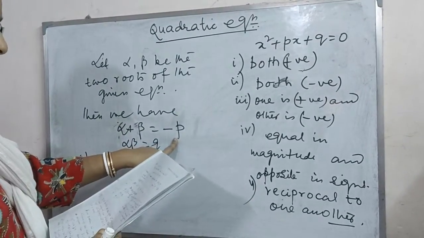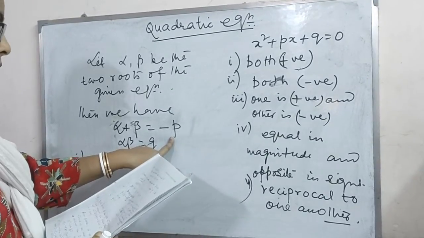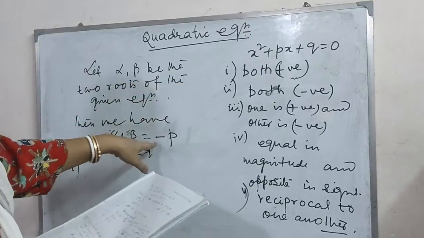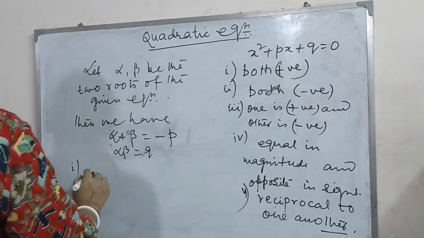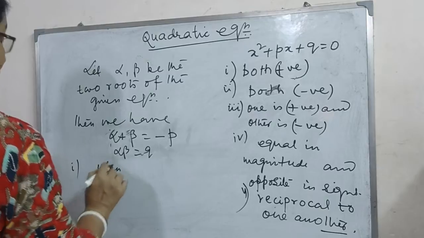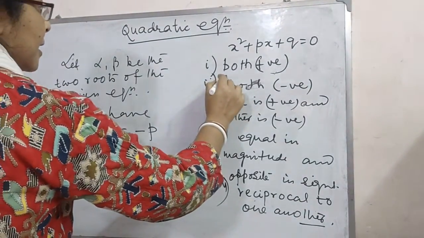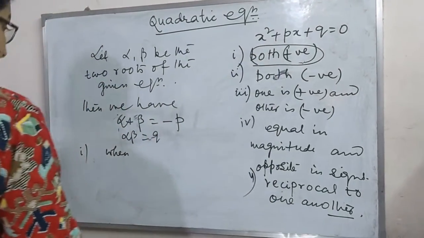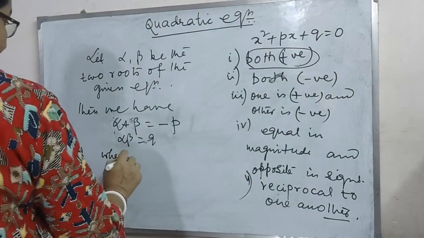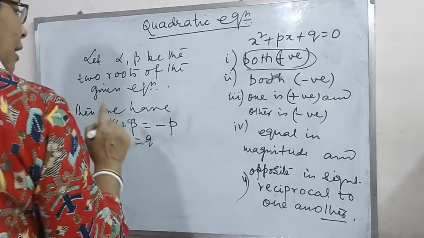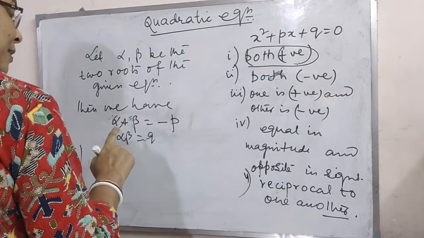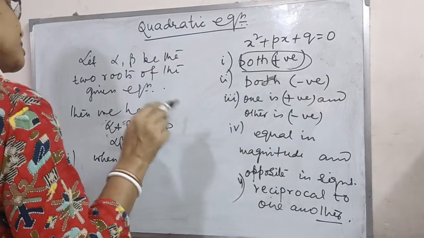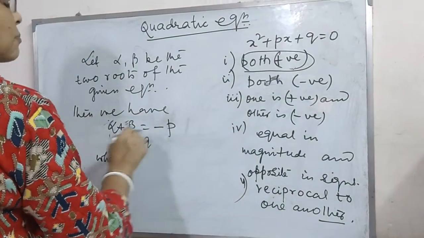When p is less than 0, then alpha plus beta is positive. We have to find when two roots are positive. Then alpha plus beta is some quantity which is positive, but here this is minus p.